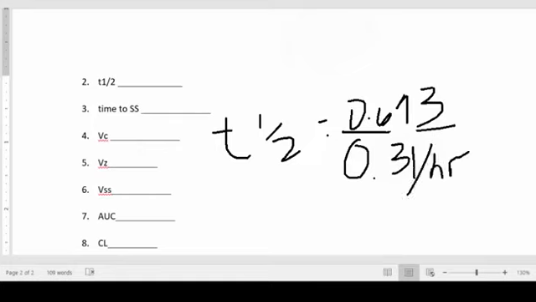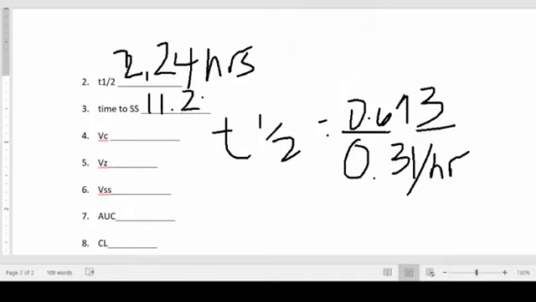Now we need to do our math. 0.693 divided by 0.31 gives us 2.23. I'm going to say 2.24 hours. So time to steady state is just going to be 5 times that, which is 11.2 hours.